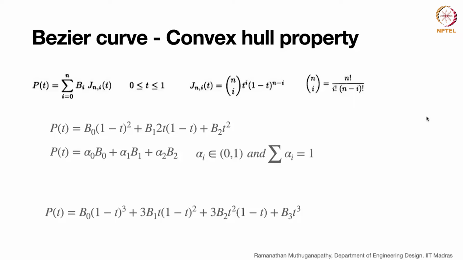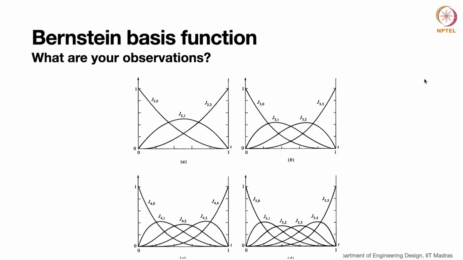Okay. Once you have the control points, remember, one thing maybe I didn't tell: control points are always given in order. What does that mean? Let me show this. If I say 3 points here, and I name them B0, B1, B2, you get one control polygon, and the curve will be according to that control polygon.